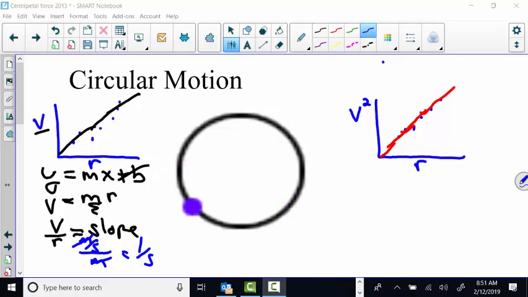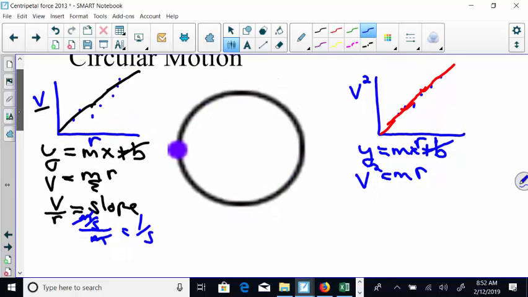But again, we are interested in the equation of the line, y equals mx plus b. The y is velocity squared. The m, we still don't know what that is, but it's the slope of our line. And the x, again, is the radius. We should be able to logic away the b, because if you have zero velocity, you would have a zero radius.